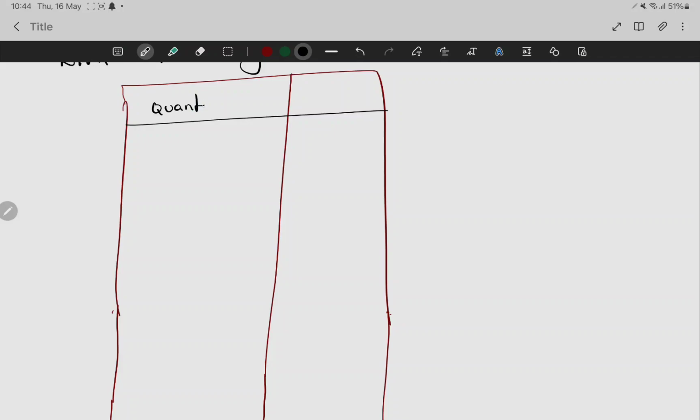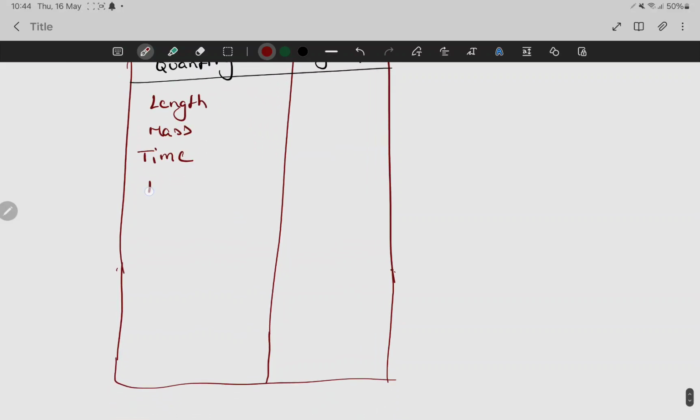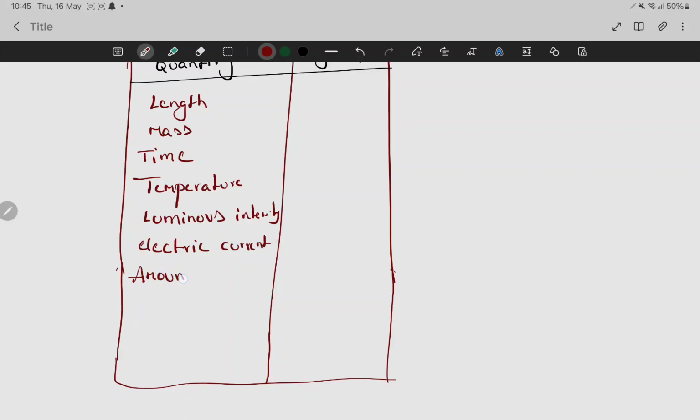Here it is quantity, here it is symbol. Length, mass, time, temperature, luminous intensity, electric current, amount of substance.